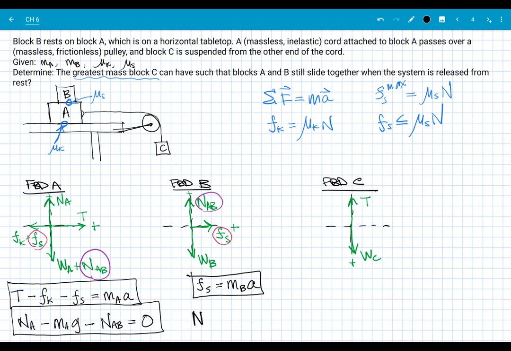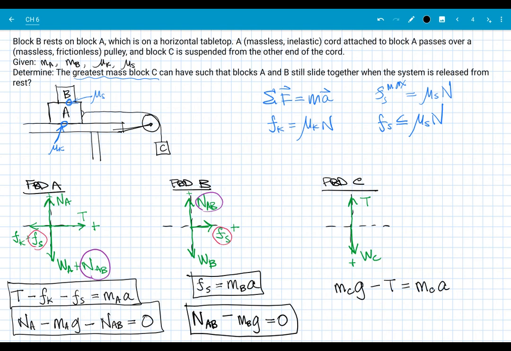Normal force AB minus weight of B, but I'm going to put its magnitude in right now: mass of B times g equal to 0. And then finally from C, nice and simple, weight of C, mass of C times g. Oh, that's what we want to find, right? Minus tension is equal to mass of C times acceleration.